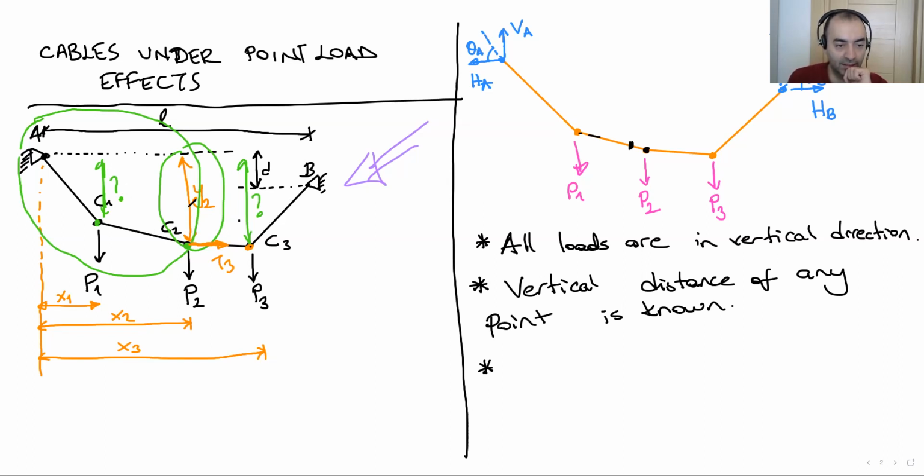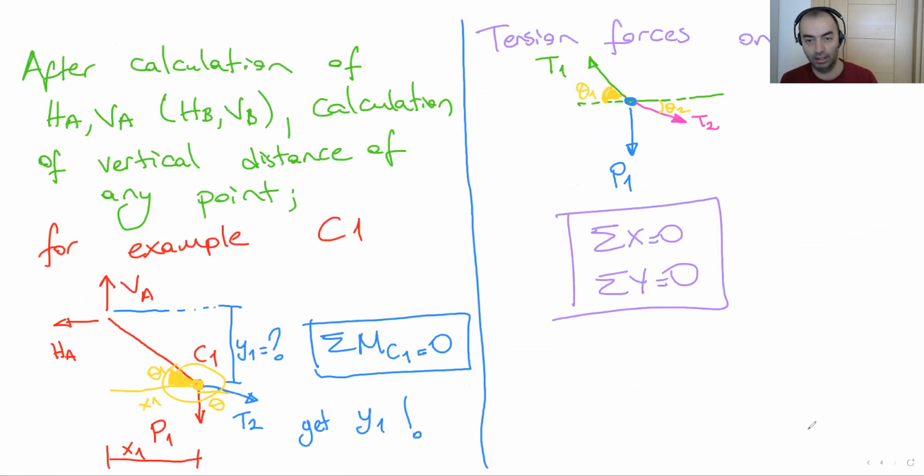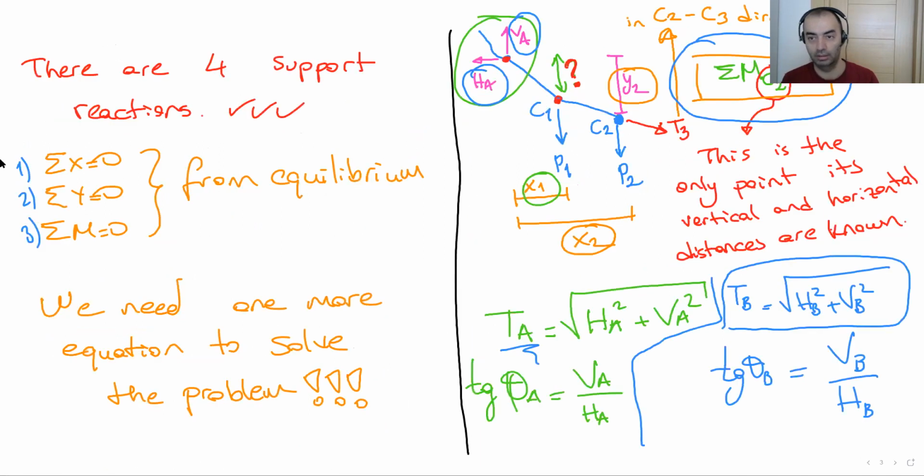That's why I cut the system, take into account this C2, cut the system from C2, because we know that distance. And write the total moment equals 0 for that point. If you do that here, you can get the support reaction. Here, in this example, we just calculated the HA and VA.